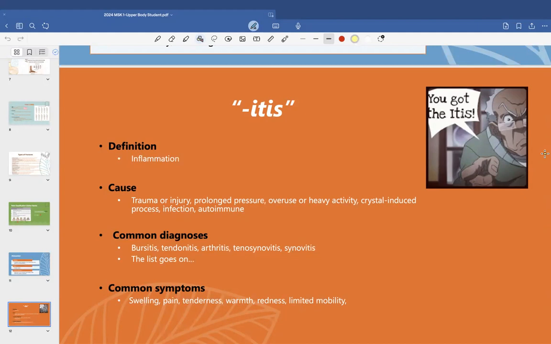Autoimmune processes that cause the itis. In MSK, we'll talk about bursitis, tendonitis, arthritis, tenosynovitis. A lot of things in MSK can have the itis, okay? Anybody who's got the itis somewhere will complain of swelling, pain, tenderness, warmth, maybe some mobility issues. So if somebody's got the itis, those are generally the symptoms they're going to come in and complain about.